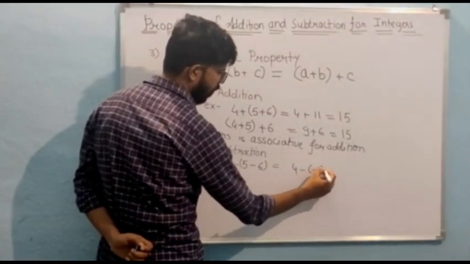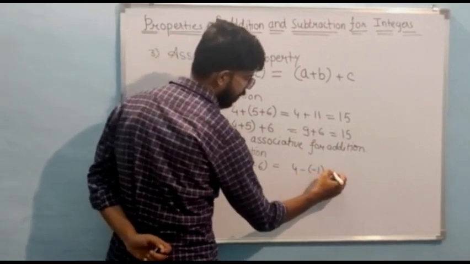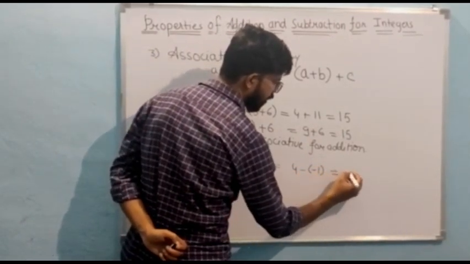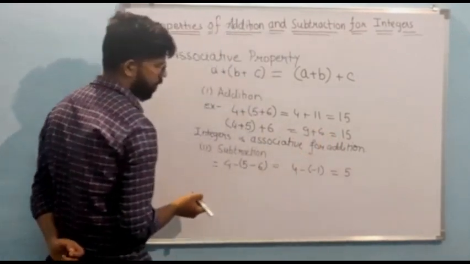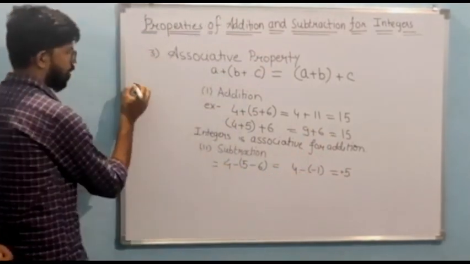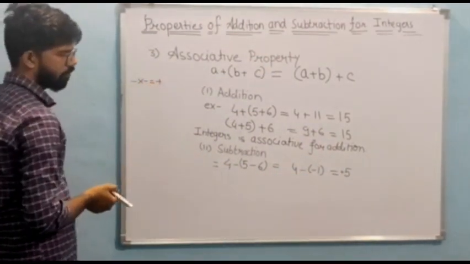We get minus 1. Then 4 minus minus 1 becomes plus 4 plus 1, we get plus 5, because minus multiplied by minus is equal to plus.